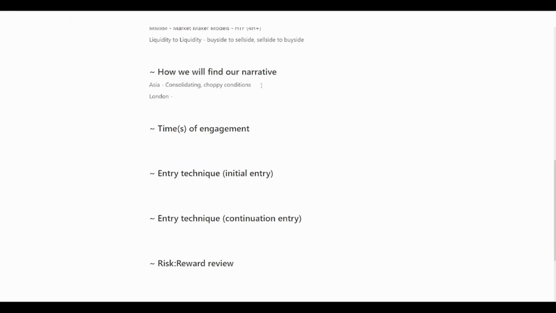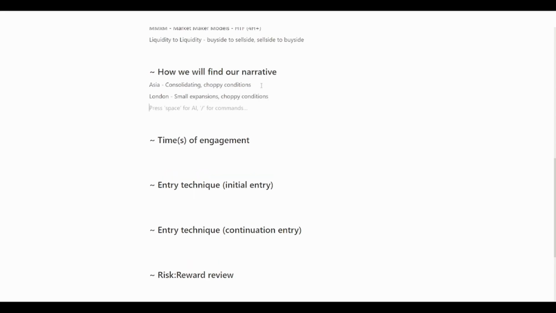So again, in London, we really need small expansions, choppy conditions, and now if we understand a daily AMD cycle, right? Asia should be our accumulation, London should be the daily manipulation, right? If this is to happen, and London does have a small expansion, this is why I wrote this here, right?